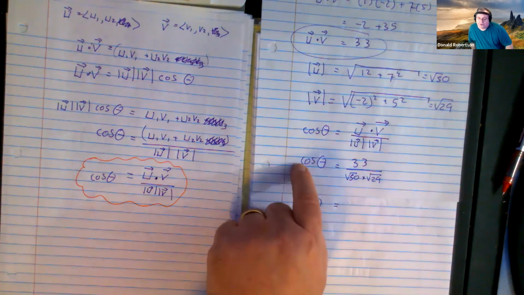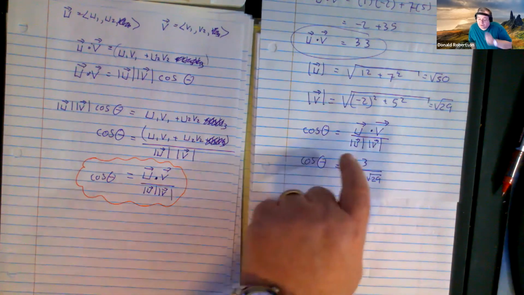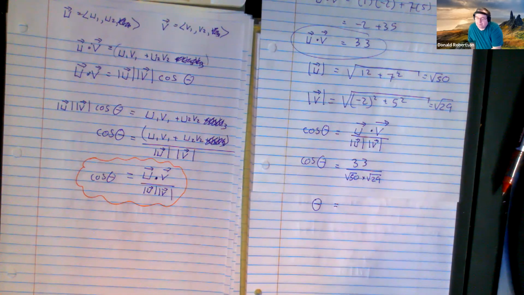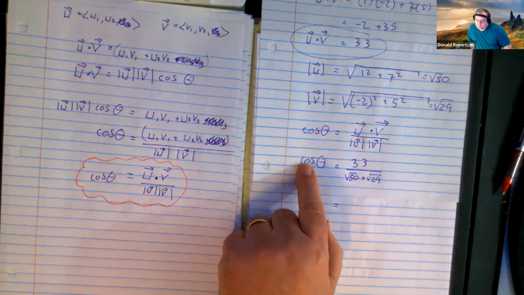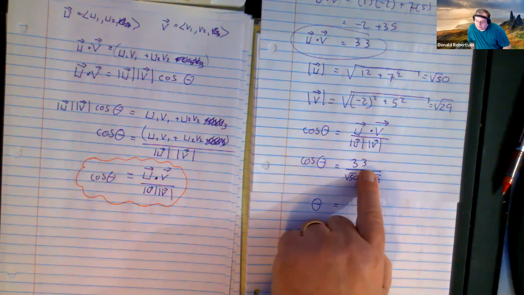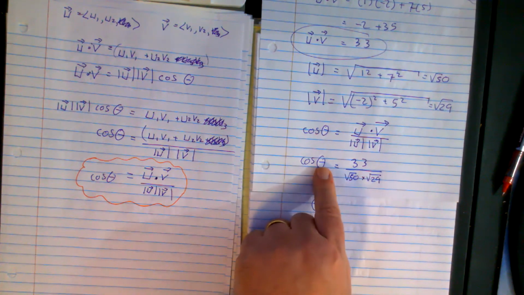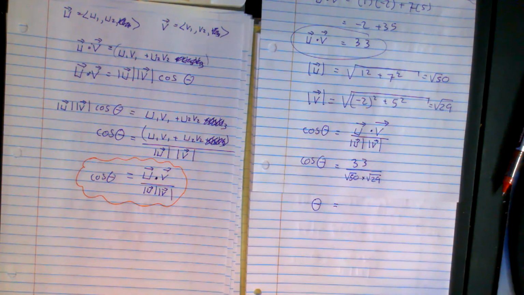If I know the cosine of theta is this ugly fraction, how will I find angle theta? What would I do to find theta? The inverse cosine.